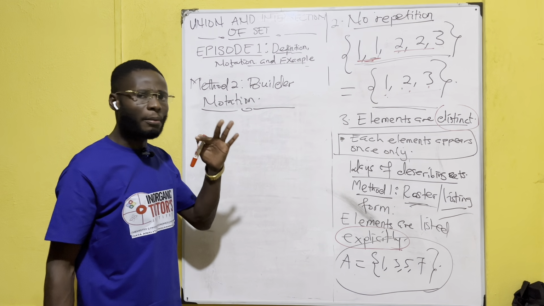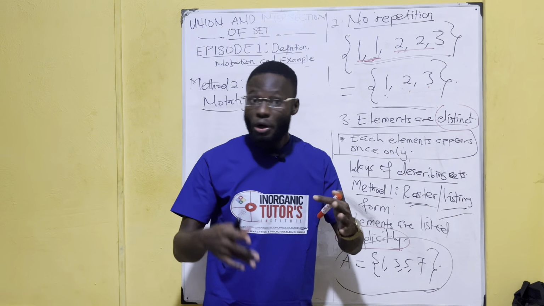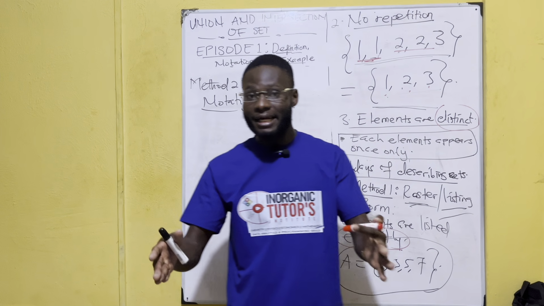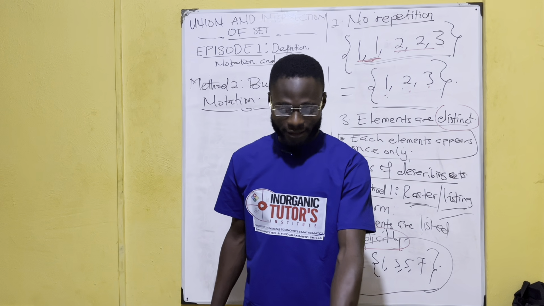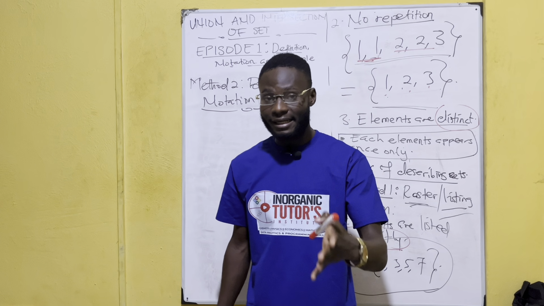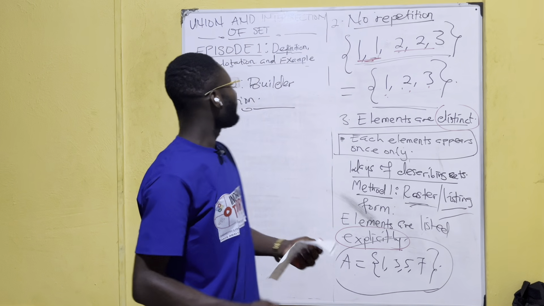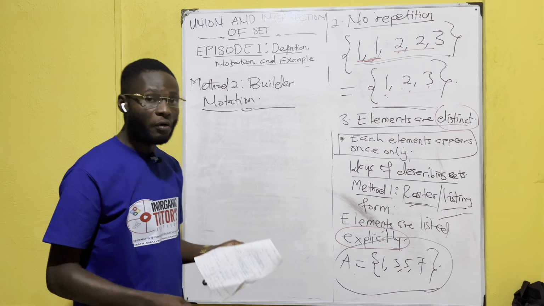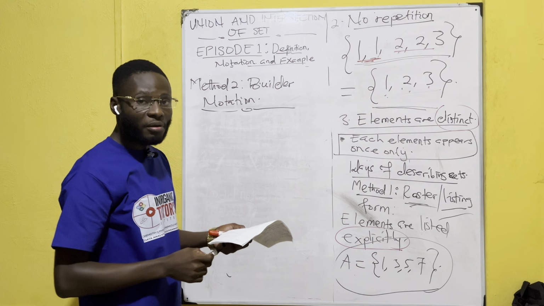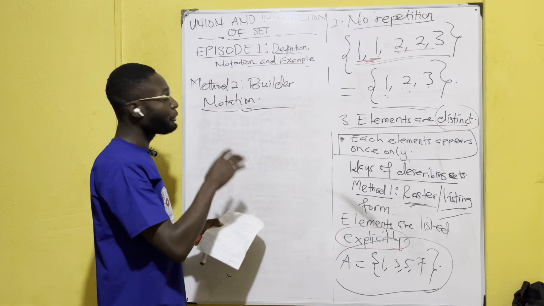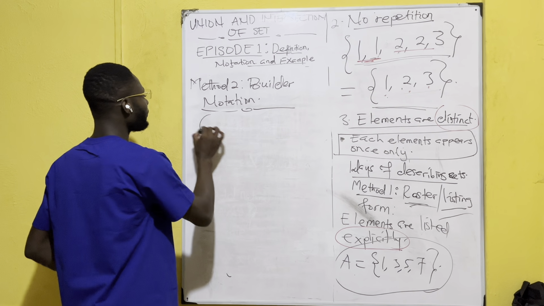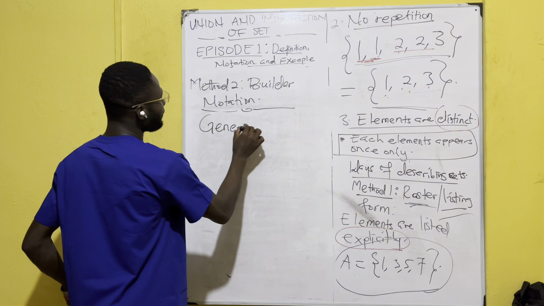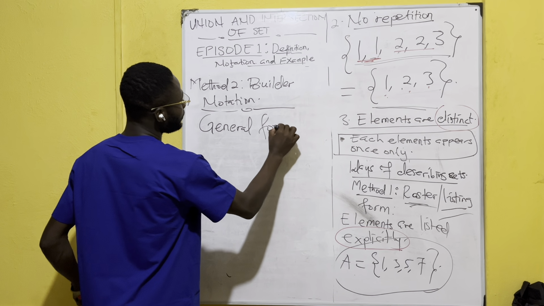When we talk about builder notation, we always use it in our daily mathematical workings, but we don't really know that this is the name. Builder notation has a general form.